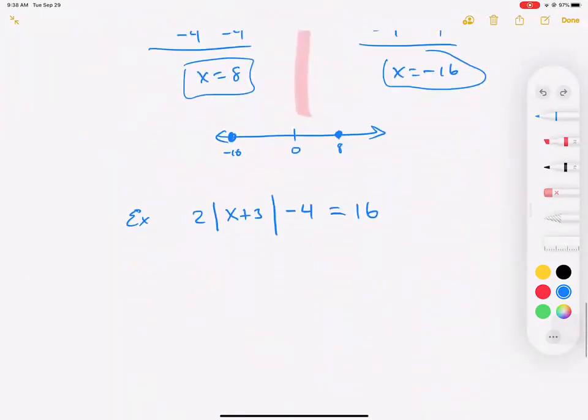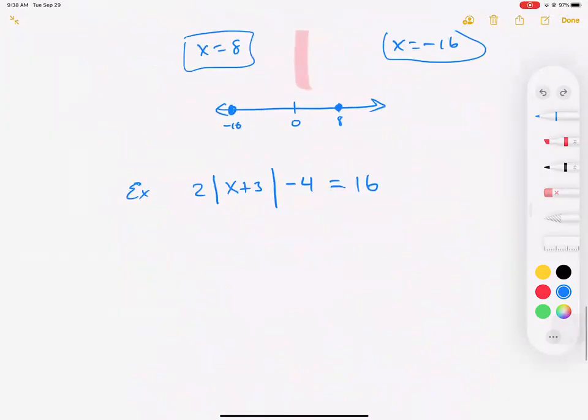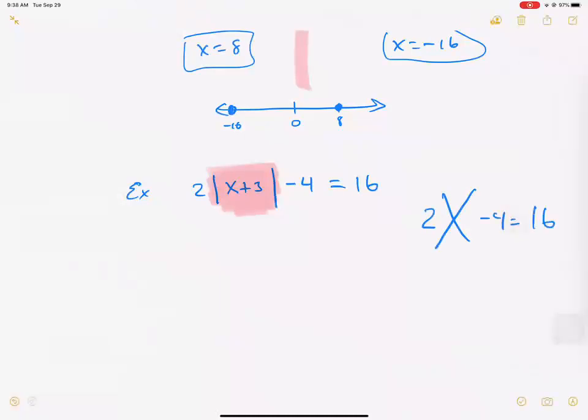Okay, let's try the next problem. I see, okay, here's my Great Wall. Right? So I can't open up the gates. I can't bring down the walls unless I get rid of everyone on the outside. So this problem could look like, just on the side, 2x minus 4 is equal to 16.